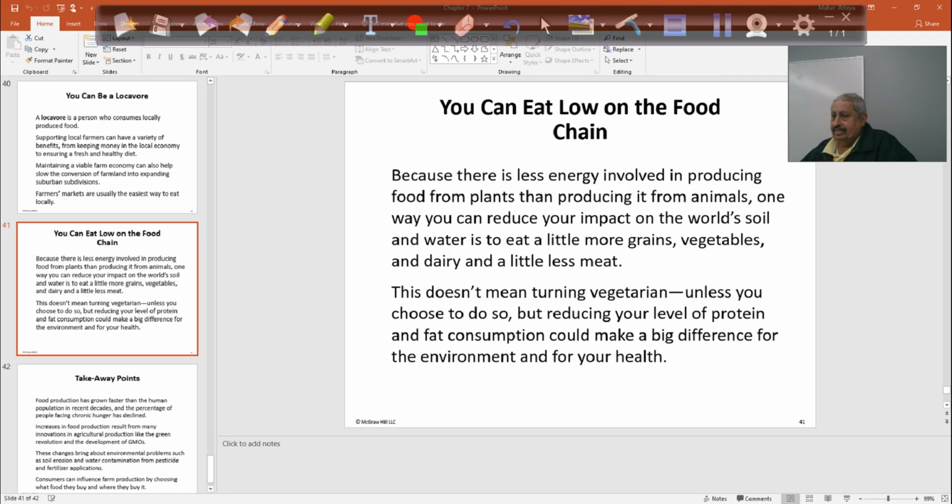If we depend more on grains and vegetables, less meat, that will be very good for our health, for our economy, because the more you eat meat, the more the meat is getting more expensive by day, and it has a lot of health problems associated with eating it, while the veggies and the beans have zero side effects, because beans have pure amino acids, pure protein, with no cholesterol, no fats, no other side effects.